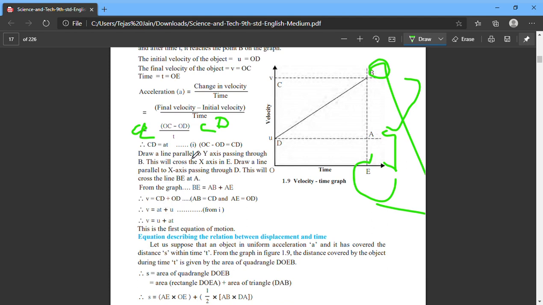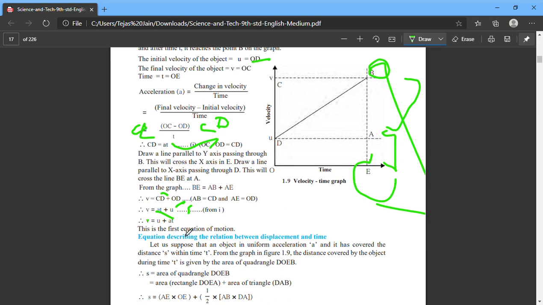We already proved that CD is equal to at, and OD is equal to u. Therefore we get the equation v is equal to u plus at. This is the first equation of motion.